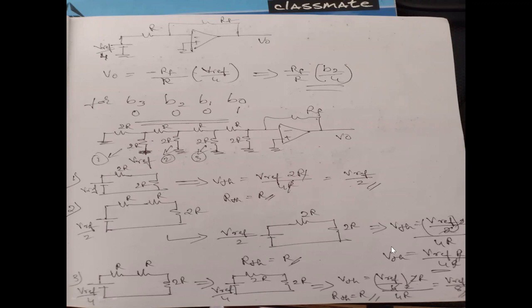When you simplify, you get VTH equal to V reference by 4 and RTH as R. And the third input is going to be something like this, wherein input would be V reference by 4, R and R and 2R. So the output VTH would be V reference by 8 and RTH is going to be R. Similarly, the fourth input would be input to this, and the fourth circuit would look something like this.